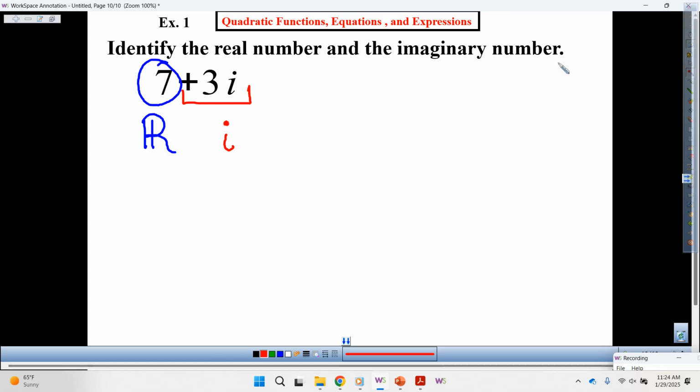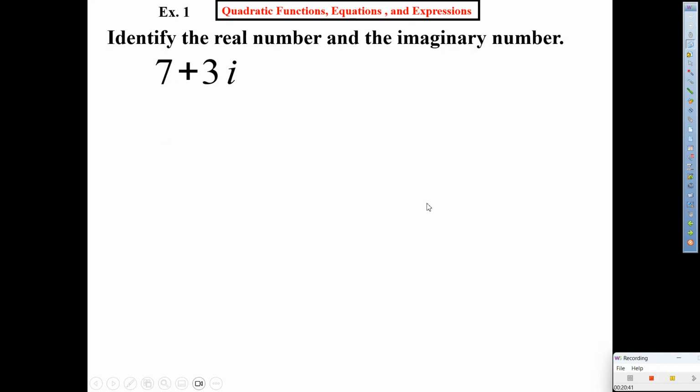So, now that you have that, I'm going to send you to your screen another one, and I want you to label it for each part of your complex number. So, here goes the next one. 5 minus 2i. Don't write that on your paper. I want you on the screen to label what each part is for that complex.